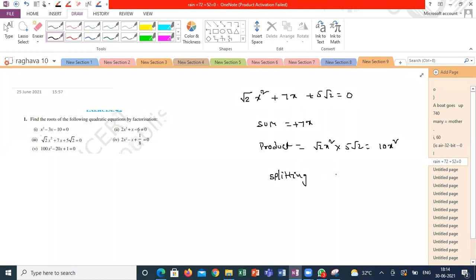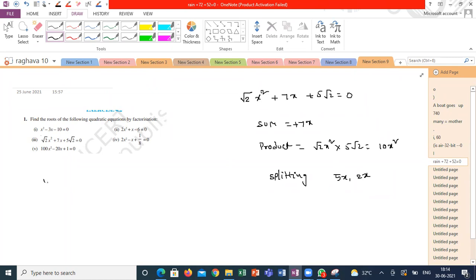Splitting is 5x comma 2x. Look into this. What is the sum of 5x and 2x? 7x, sir. What is the product of plus 5x and plus 2x? 10x square. So I can split the middle term into 5x comma 2x.